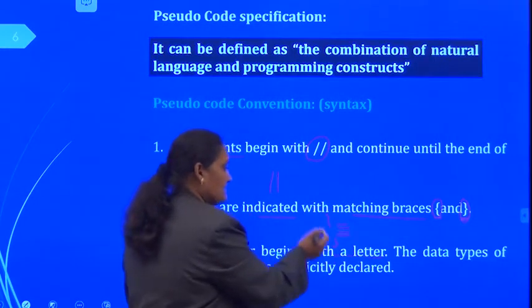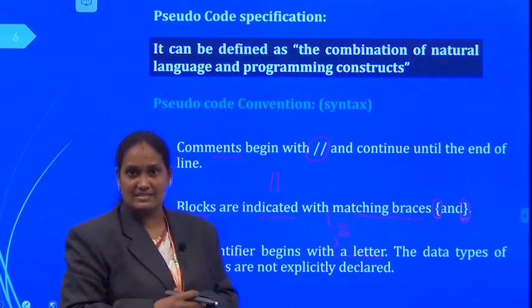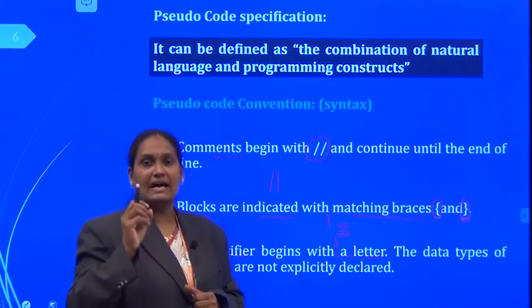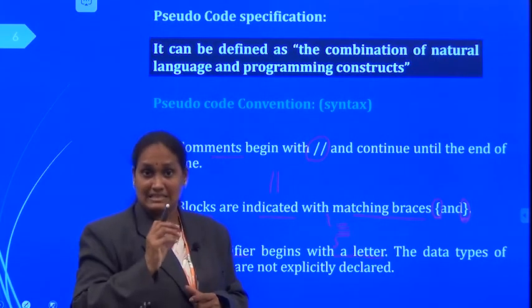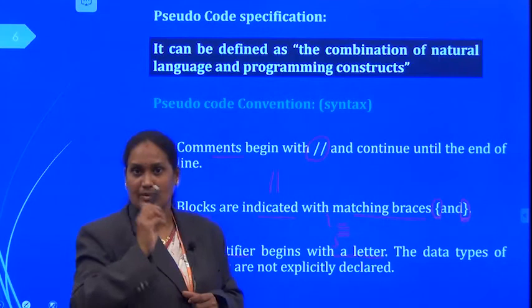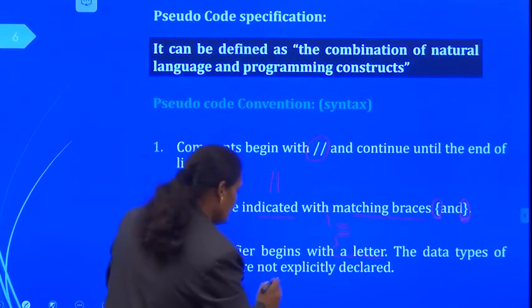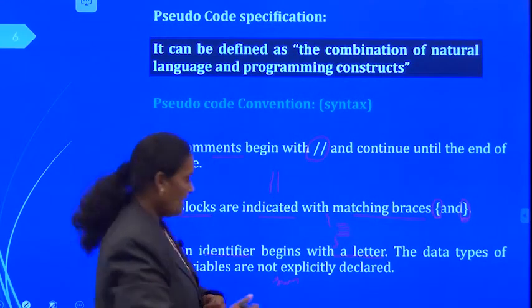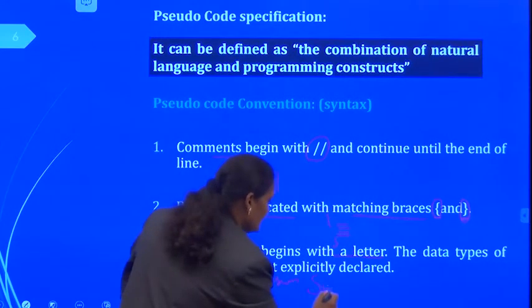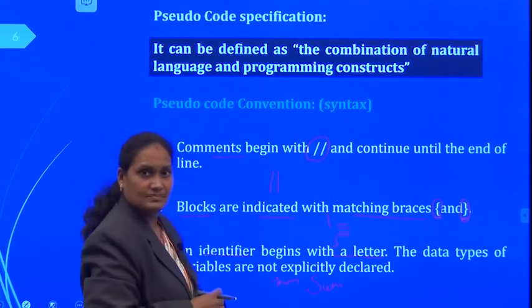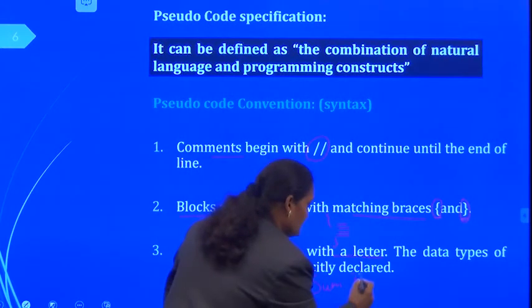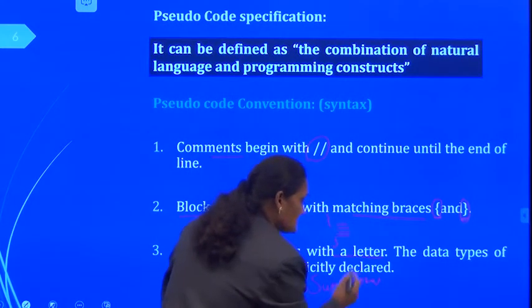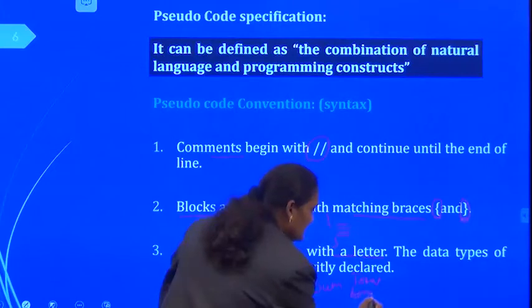Identifier begins with a letter. Always in case of pseudocode, the identifier begins with a letter, that is an alphabet. For example, I want to represent sum. I can write it like this, or I can write it like this. If I want to represent total, I can represent it like this, or like this.